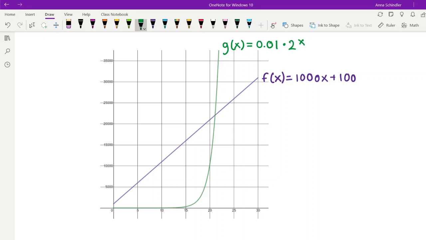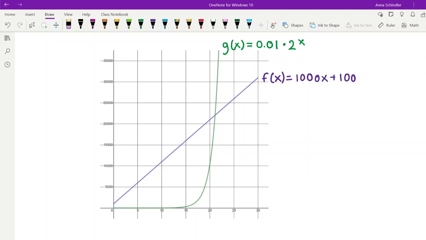What we can see is that this purple one is slow and steady. It's just going up at that same rate the whole time. Whereas the green one starts off so low it almost looks like it's at 0, right? But then it starts going really quickly, to the point where it just shoots off the graph. So we can see here is the point where the second option becomes the better option.